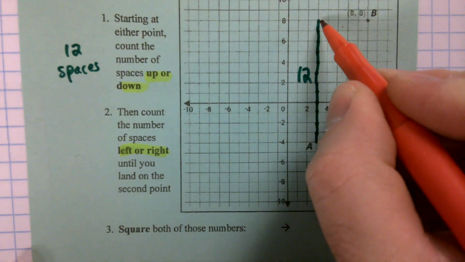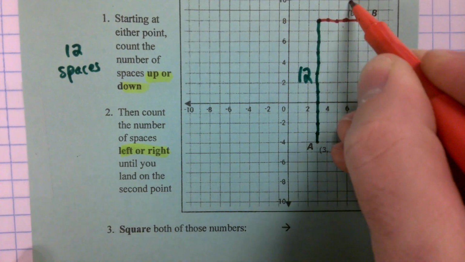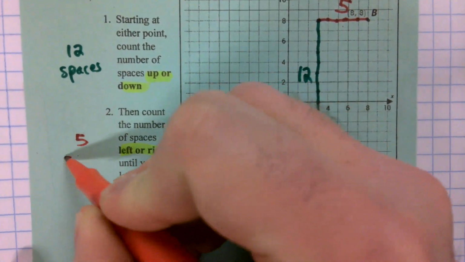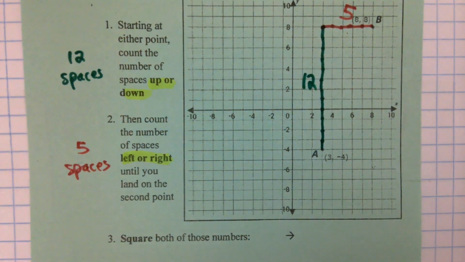Let's see how many spaces we got to go. 1, 2, 3, 4, 5. Five spaces over to the right.